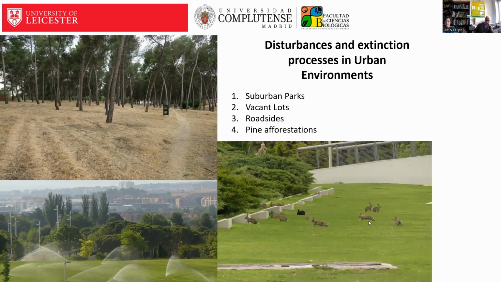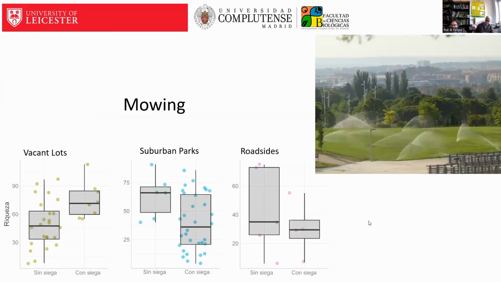And finally, we were also interested in studying the disturbance processes that occur in this urban habitat. So we studied the effect of mowing, and as you can see, the effect depends on the type of habitat.